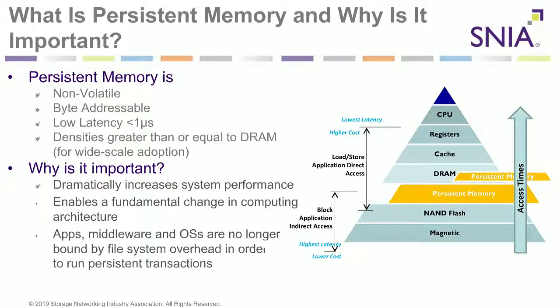So I need the latency and also want it to be persistent. And there was not a good solution up until the last 5 to 6 years. There have been several products in the market that have been meeting that requirement.